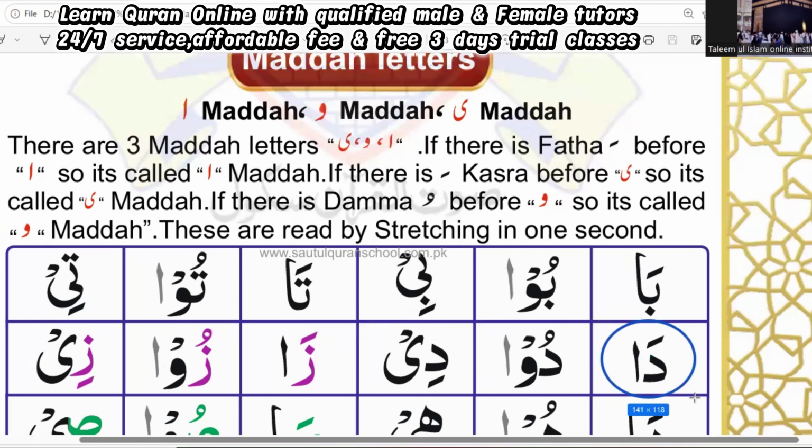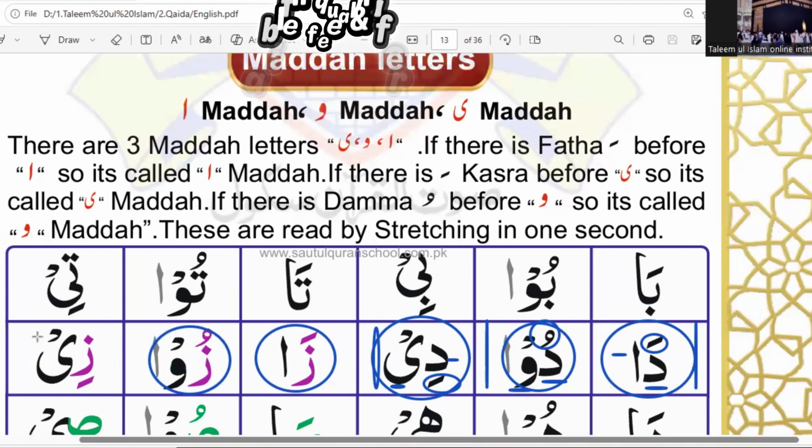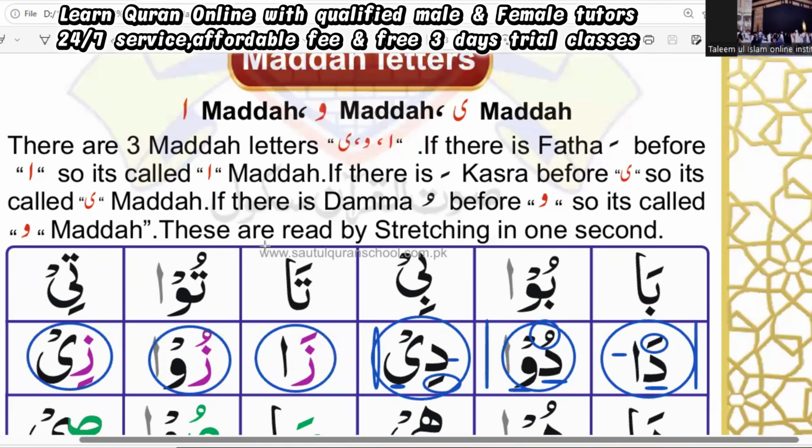This one: Dal, Alif, Fatha, Da. Dal, Waw, Dhamma, Du. Dal, Ya, Kasra, Di. Da, Du, Di. Now, Za, Zu, Zi.